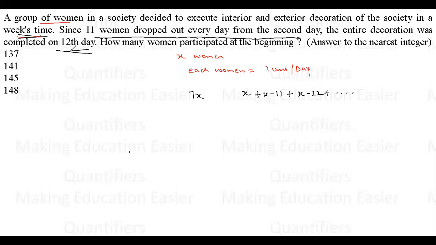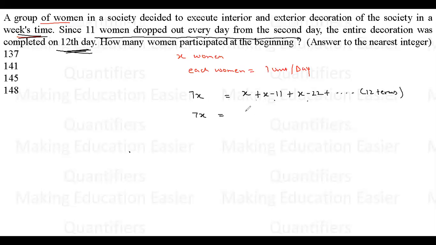Because it is going to take almost 12 days, so we are going to take 12 terms. So students, now this work is equal. Now we simply apply the formula of the sum of an arithmetic progression, as the difference is -11.